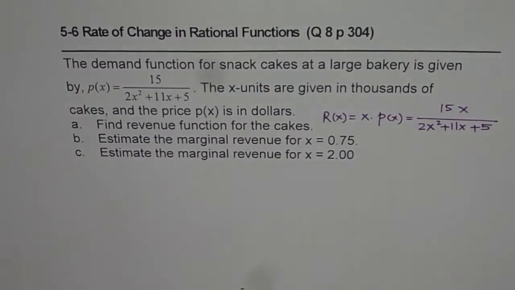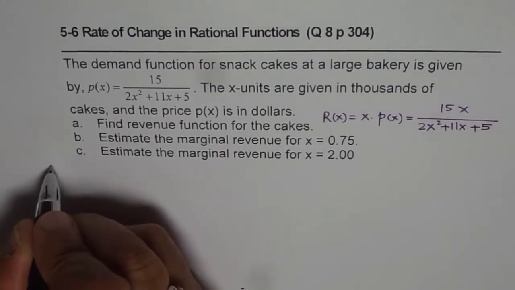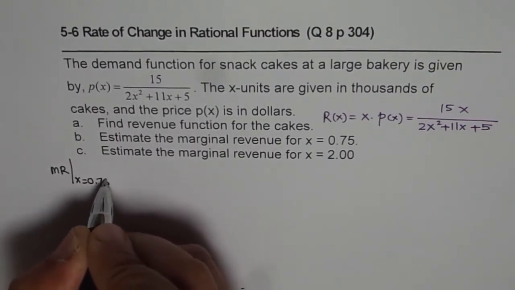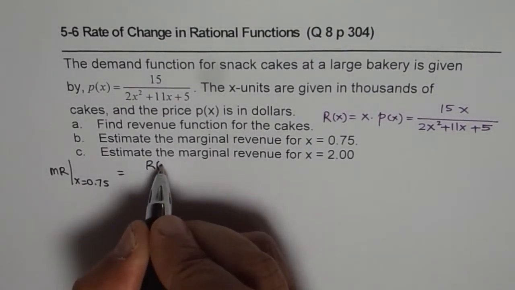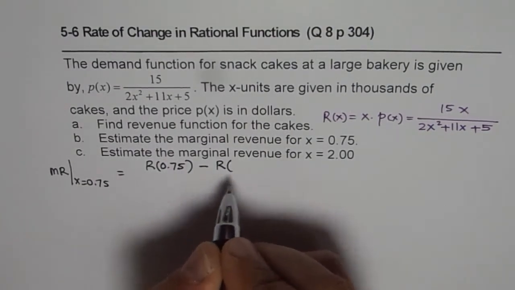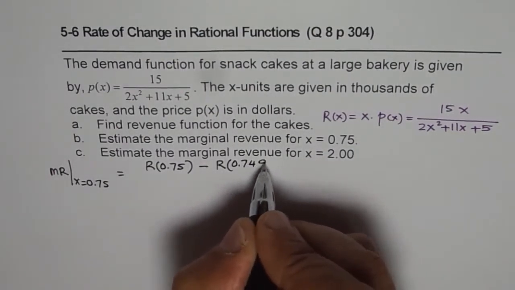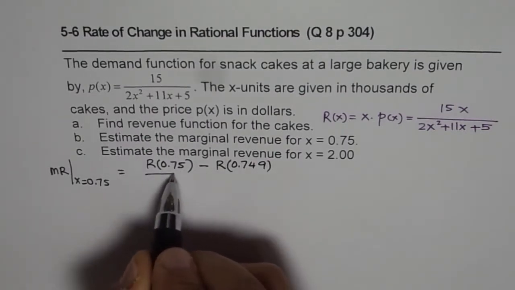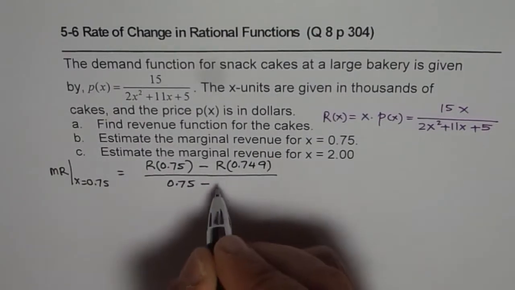So let's figure out how to calculate marginal revenue. Marginal revenue when x equals 0.75 will be the revenue at x equals 0.75 minus the revenue from the previous unit, which is 0.749, because that is the unit which has been sold, and previous to that we compare it with that unit.